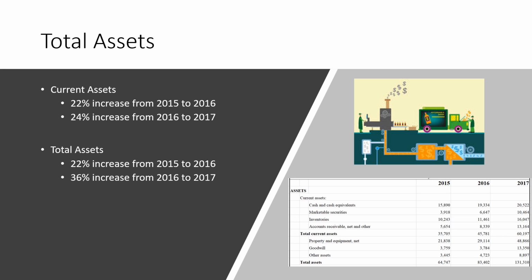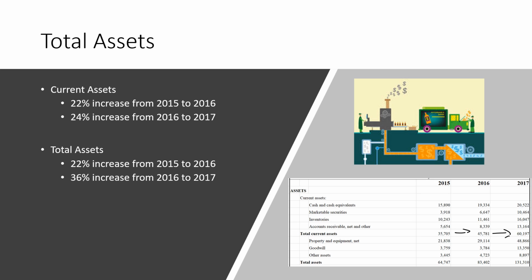The interesting thing is if we look here at the total current assets and the increase on that, we can see there was an increase of about 10,000 between 2015 and 2016, and slightly more, but nothing too crazy, 15,000 from 2016 to 2017.